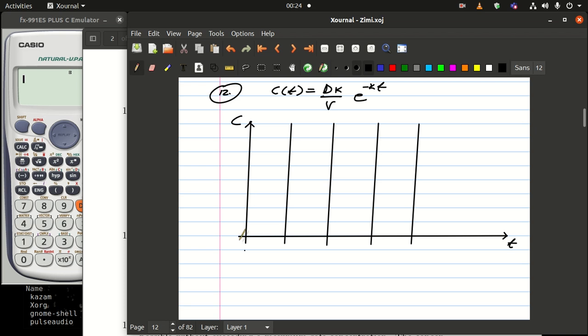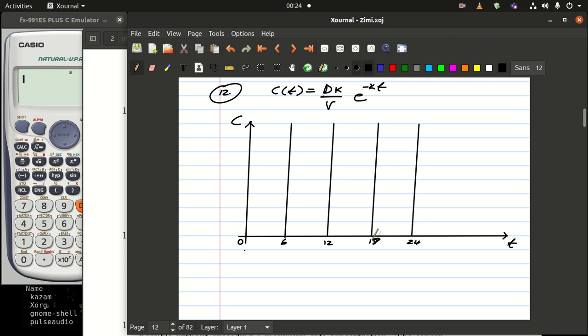I know that here we have 0, and here we have 6 hours. The reason I'm doing this is that I want to make sure my curve looks fair. So we have 6, 12, 18, and then 24.